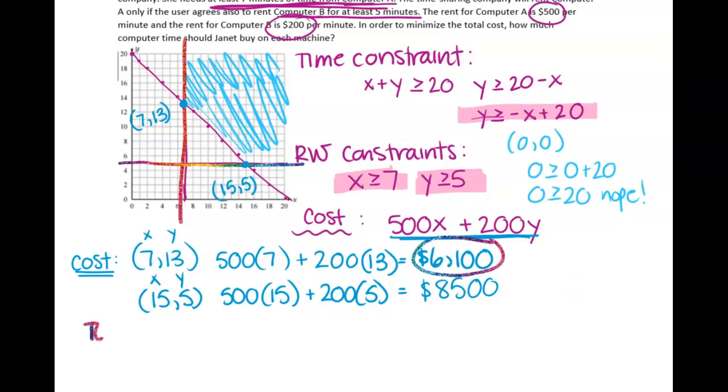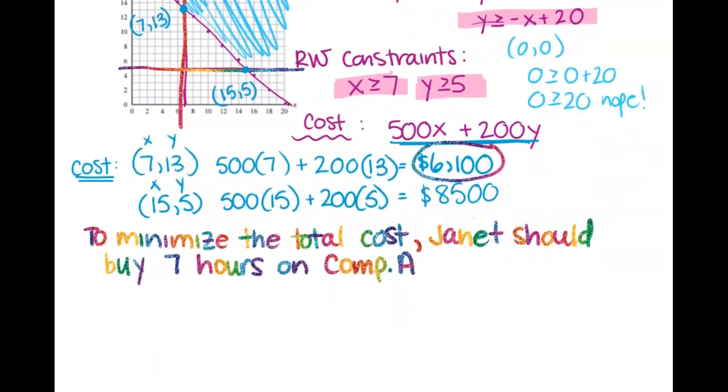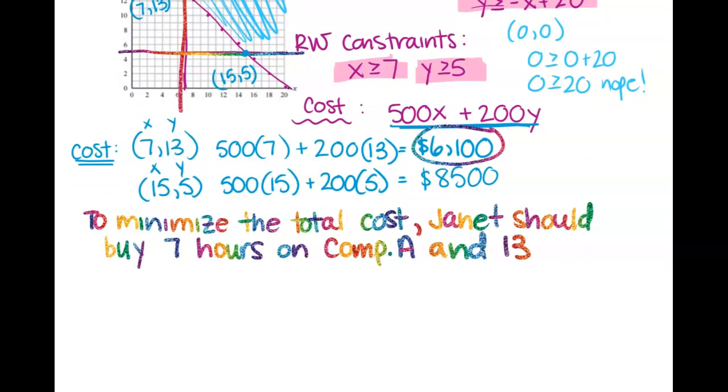So then, to minimize the total cost, Janet should buy 7 hours on computer A and 13 hours on computer B.